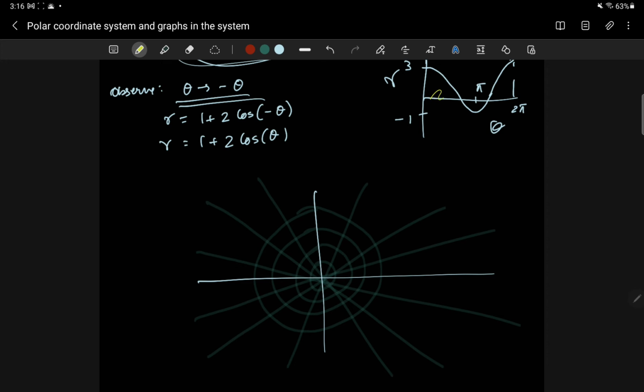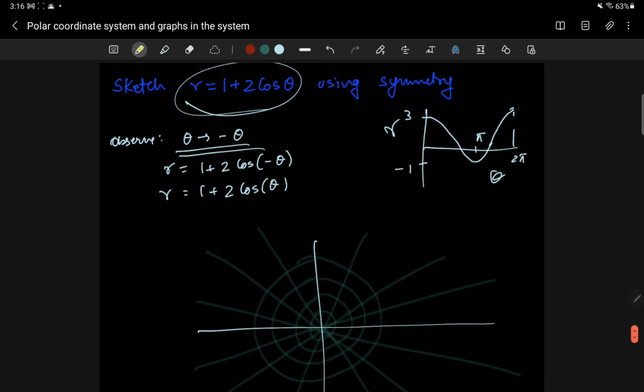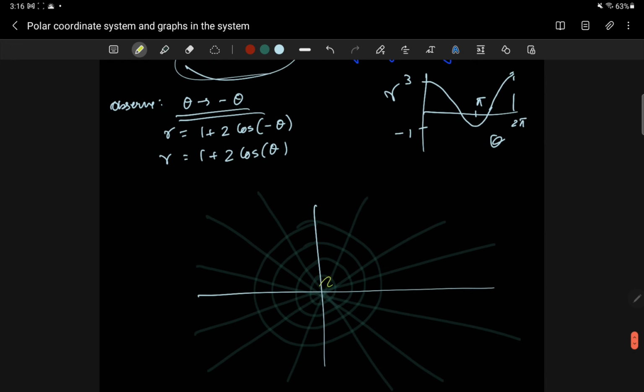Okay, so at 0, what do I get? At 0, this is 3. So at 0, I have 1, 2, 3. I start here. And then at pi, it is negative 1.